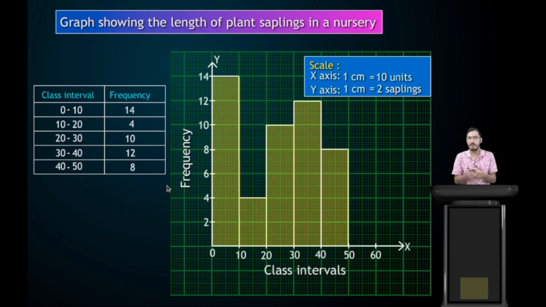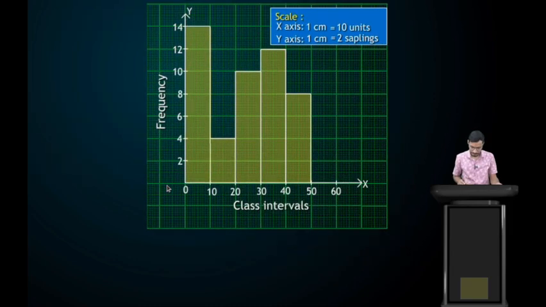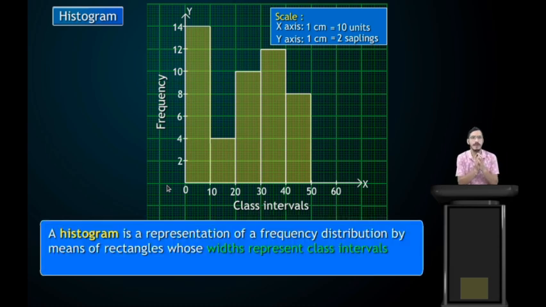This pictorial form of the data is a histogram. A histogram is a representation of a frequency distribution by means of rectangles whose width represents class intervals.